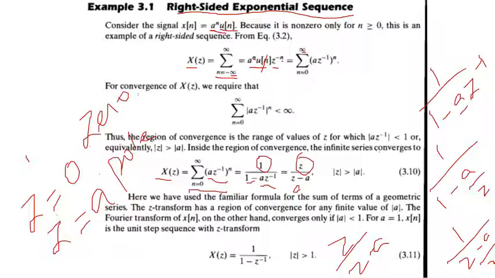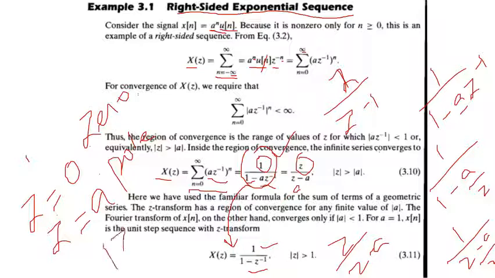So here they have taken the value of a to be 1. So if I take the value of a to be 1, this is our function: 1 divided by 1 minus z inverse. Okay, or I can have the function z divided by z minus 1. So they have just used this equation and written this here, taking a to be 1.